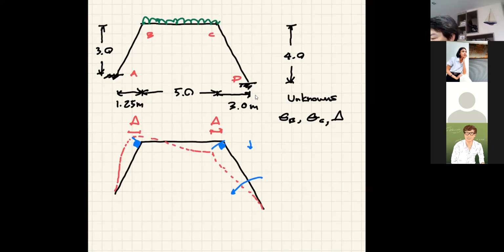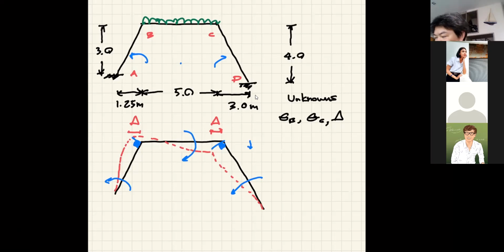Member AB will rotate to the left, just like member CD. But look at member BC, because of the inclined column that you have, BC will also rotate, unlike the straight frame that we have done in the previous example.